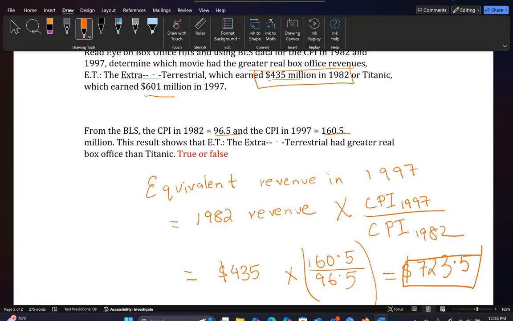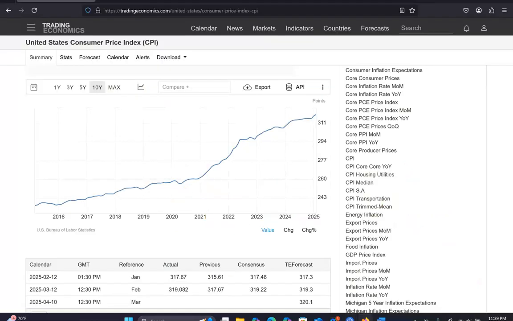So that's greater than the revenues earned by the Titanic in 1997. So what we have here is true. ET earned $723.5 million greater than $601 million earned by the Titanic in 1997. Let's see a fun fact here.